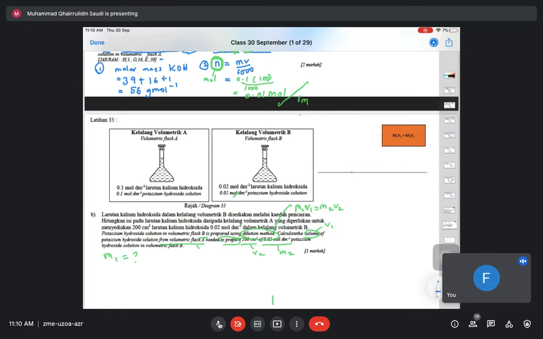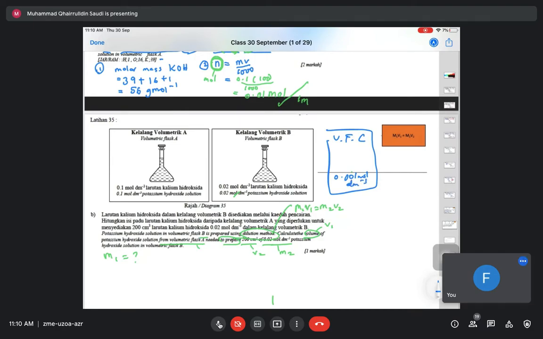So, why do you take 0.1? Siapa dapat jawab? Kenapa 0.1? Kalau dalam question tu ada lagi satu gambar dia tulis volumetric flask C. Lepas tu dia bagi kat sini 0.001 mol per dm cube. Awak nak ambil mana satu?